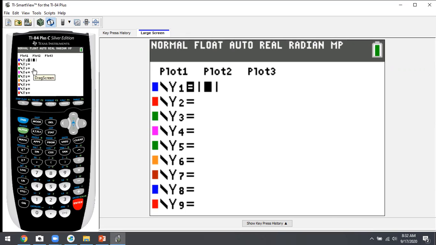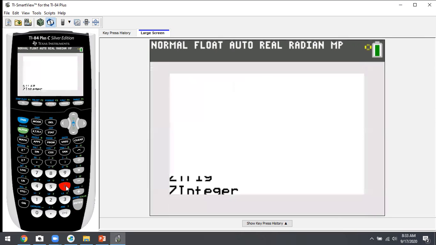Depends on which model you have, okay? Either way, inside the thing, you put whatever you're studying. 3/4, that just means 3 divided by 4, times x. That's what I'm graphing right here. You hit enter. And remember last time we zoomed in? We zoomed in on the last example? So our window's kind of jacked up. So you might want to do that Zoom 6 thing again. Zoom 6.